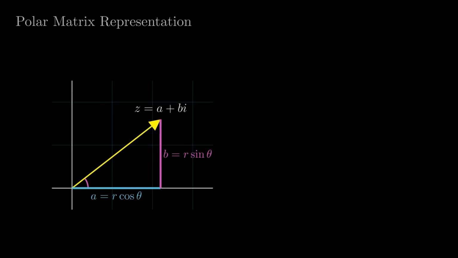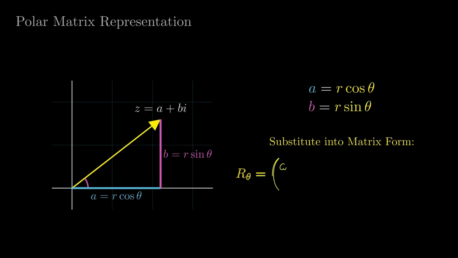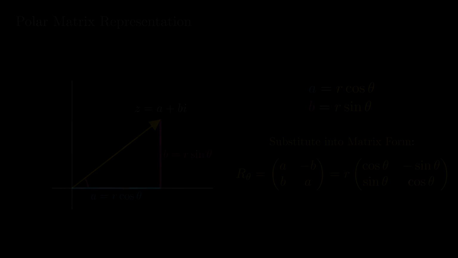That means the same complex number can be described by a length r and an angle theta. Now substitute those into the matrix form [[a, -b], [b, a]]. The result becomes r times a rotation matrix, [[cosine theta, -sine theta], [sine theta, cosine theta]]. This is the key geometric step.